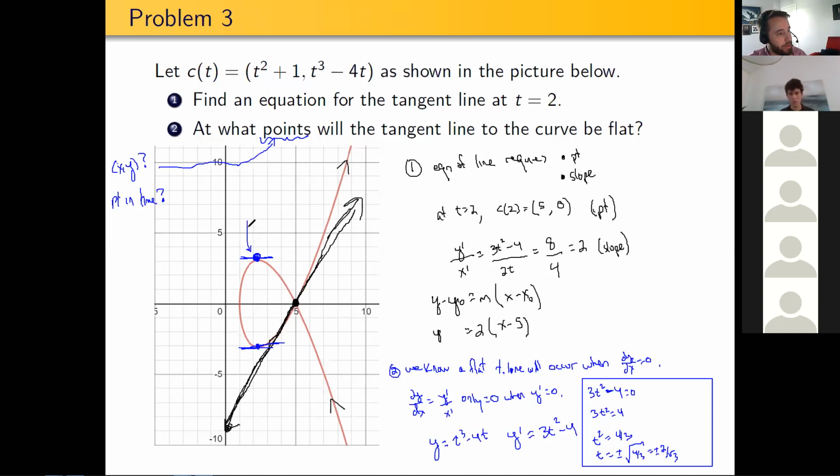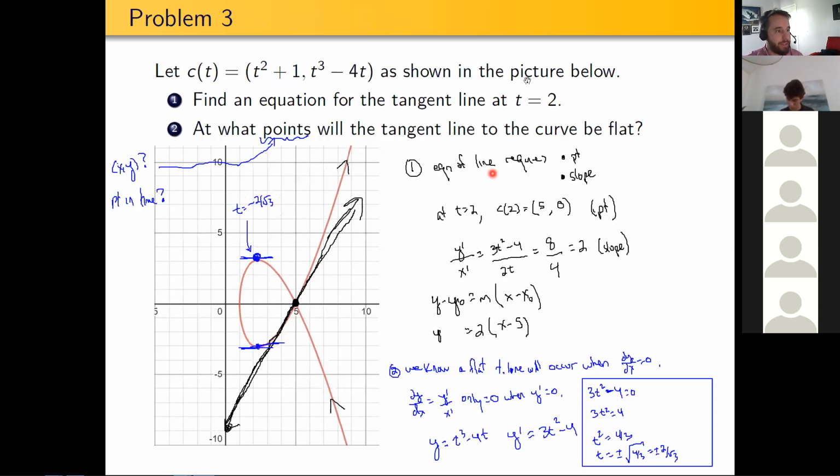This point occurs first. So interestingly enough, this point corresponds to t equals negative 2 over root 3. Right, so as I'm flowing forward in time, I have my negative times. I hit that point. I hit this point, which will turn out to be t equals 0. And then I keep flowing forward into positive times, and then I'll hit this point down here.